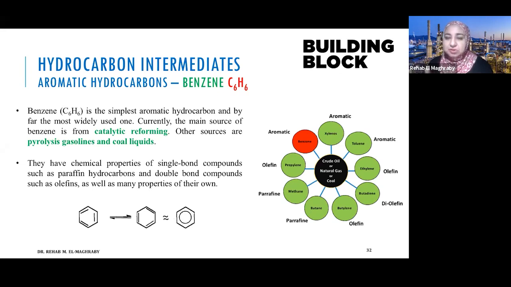For simplification, this naphtha is very rich in benzene, toluene, and xylene. Sometimes the heavy naphtha can be treated using catalytic reforming to maximize the amount of aromatics in this naphtha, and we extract benzene, toluene, and xylene. Light naphtha can be used for cracking to produce olefins and benzene, toluene, xylene.